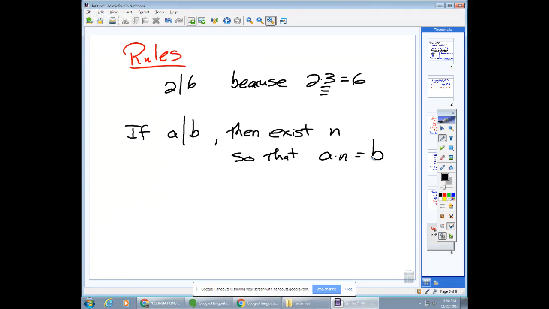And so just think about that. 2 goes into 6. So A goes into B. That means there's got to be something I can multiply A by to get B. And that's going to be a whole number or a counting number. So that's important here. This is a counting number. We're not into fractions or decimals yet.